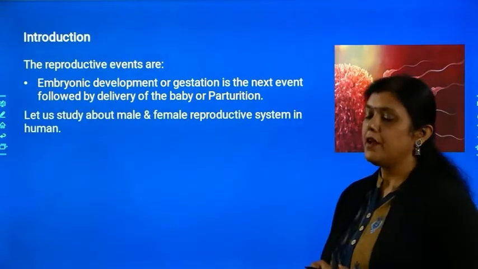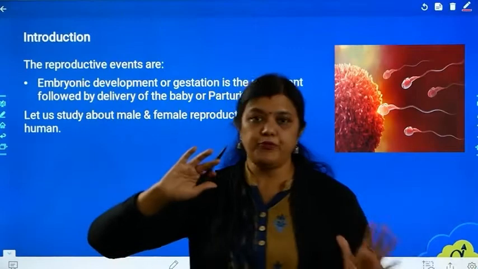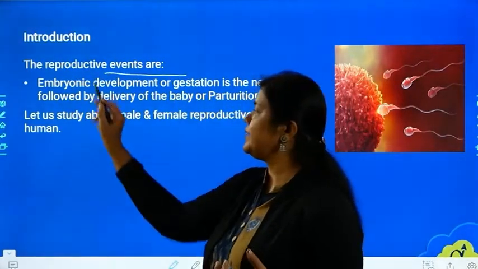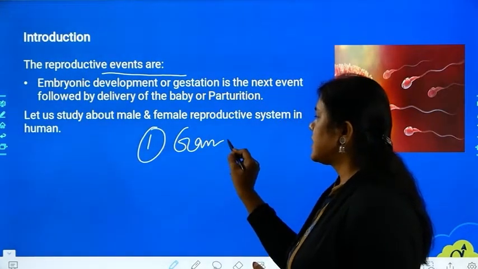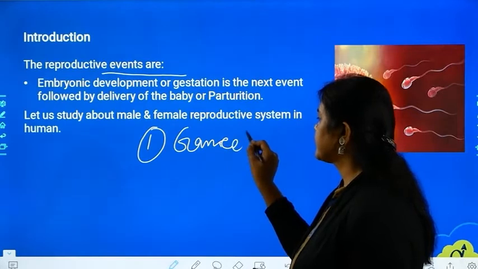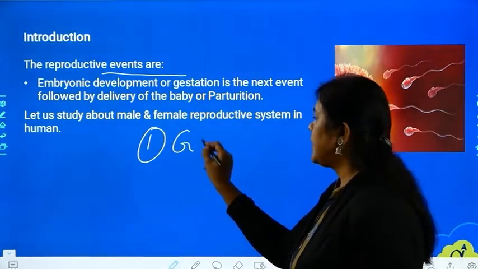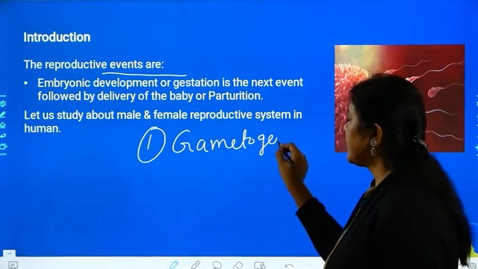Now we'll study the male and female reproductive parts in humans. Before that, let us quickly revise what we have learned in these reproductive events. The first event is gametogenesis. You know the meaning of gametogenesis, right?